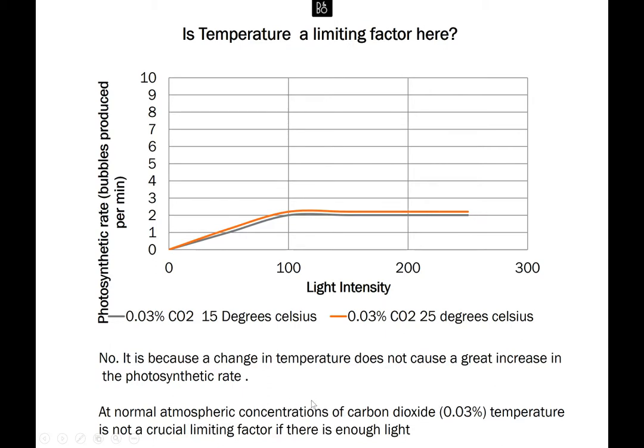To emphasize, due to the low carbon dioxide concentration, in this case 0.03, no matter what I do, as I increase from 15 to 25, it will not help me to further increase my rate of photosynthesis. Just a point to take note.